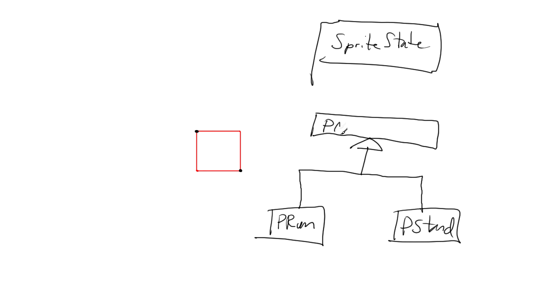So we could do player moving horizontally, and derive that from sprite state. And we put the collision function in here, and it's going to be inherited into these ones automatically.